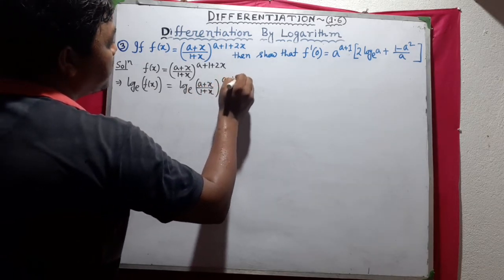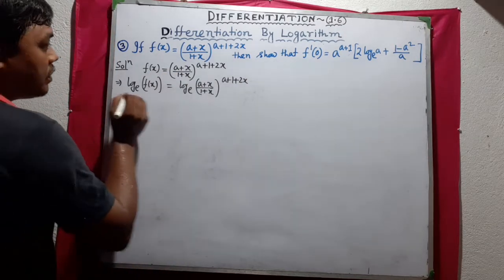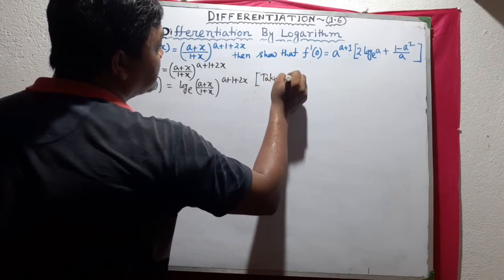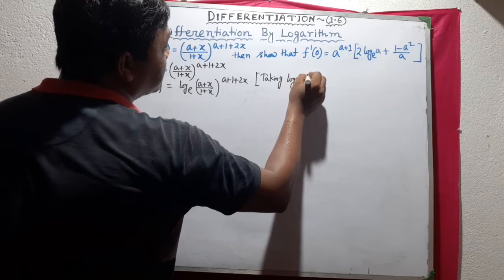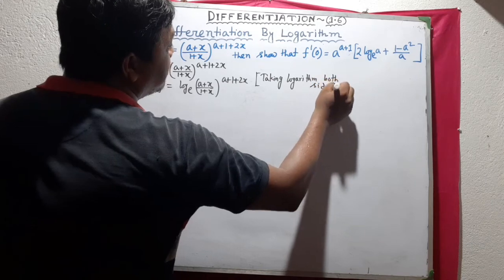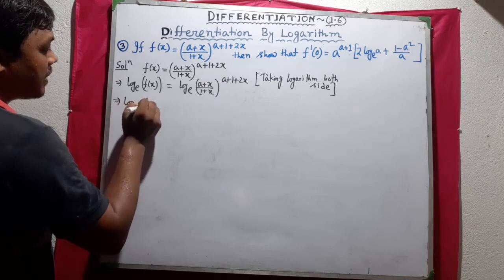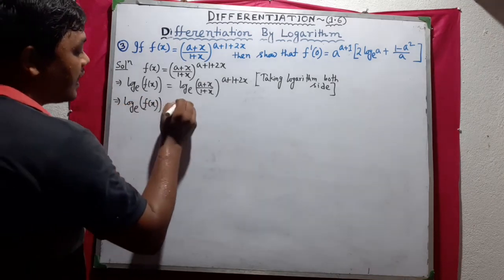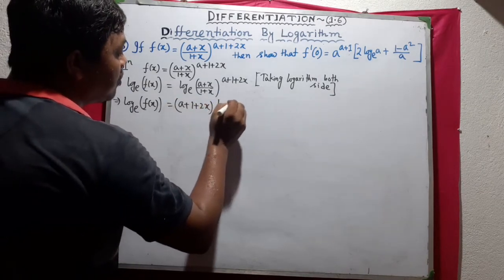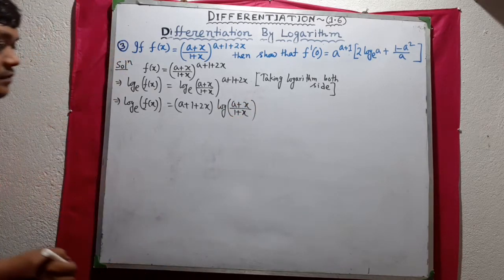Okay, so we have to write down here taking logarithm both sides. So now that gives log f(x) base e equals (a plus 1 plus 2x) into log of (a plus x) by (1 plus x). Clear?